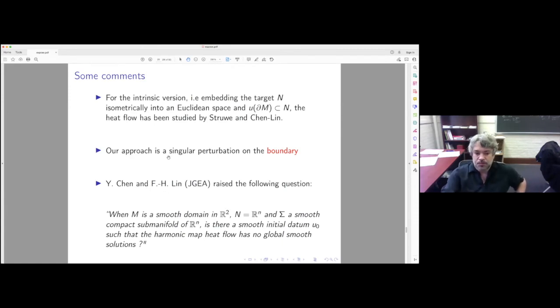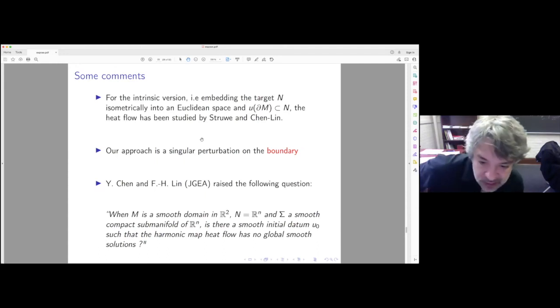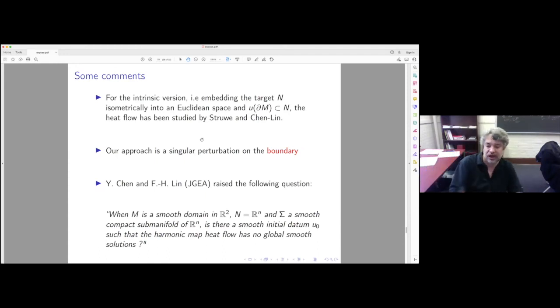So what people looked at for the harmonic map flow with free boundaries, the intrinsic version, looked at before, were a singular perturbation inside, because they were looking at an intrinsic version. Since I was interested in an extrinsic version, so the fact that you consider the target to be always in a Euclidean space, not the constraint, but the target, then you have to design a singular perturbation, which is much more natural, which is on the boundary.